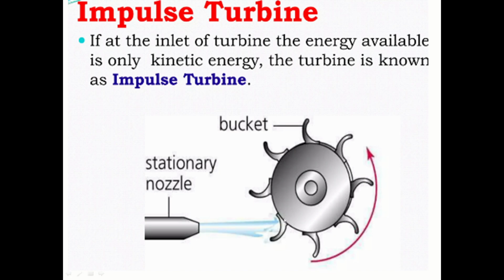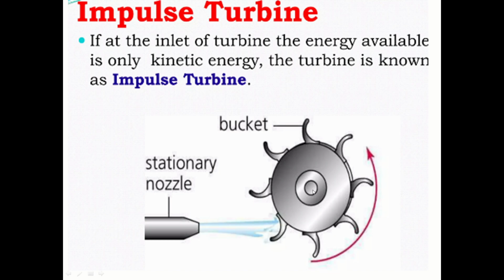I have already told you these are called either vanes or buckets or cups. Anything is the same. Now these vanes or buckets or cups are connected to the impeller, and this impeller is joined with this shaft.